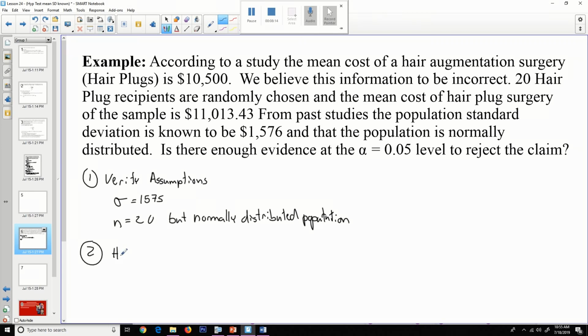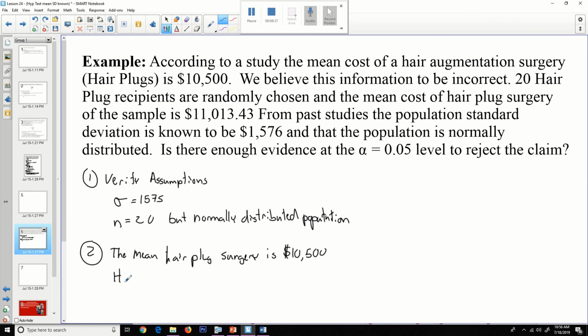And so number two, our claim is, actually, let's do it this way. The mean hair plug surgery is 10,500.